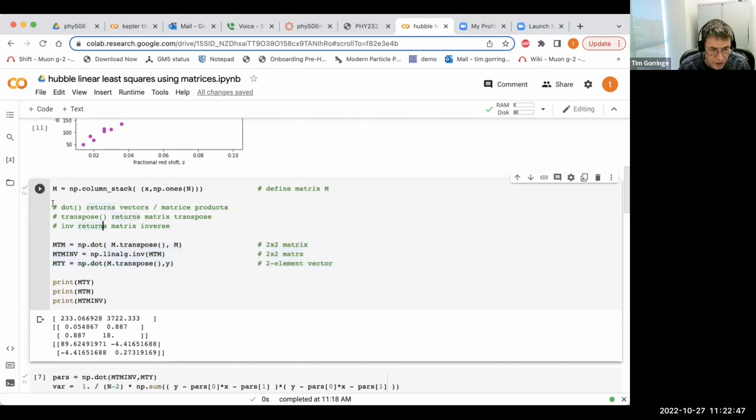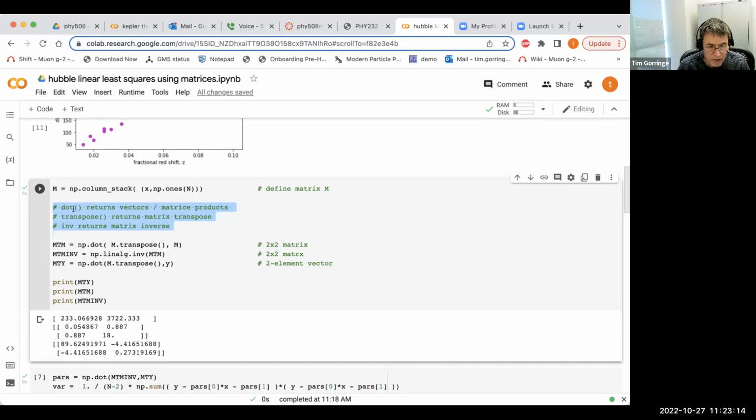Now, specifically, I'm using NumPy and some linear algebra tools that are available in NumPy. So you'll see downstairs, I use the function dot that can multiply vectors. It can multiply vectors with a matrix. It can multiply matrices together. And so I'm using that for the products that I need involving vectors and matrices.